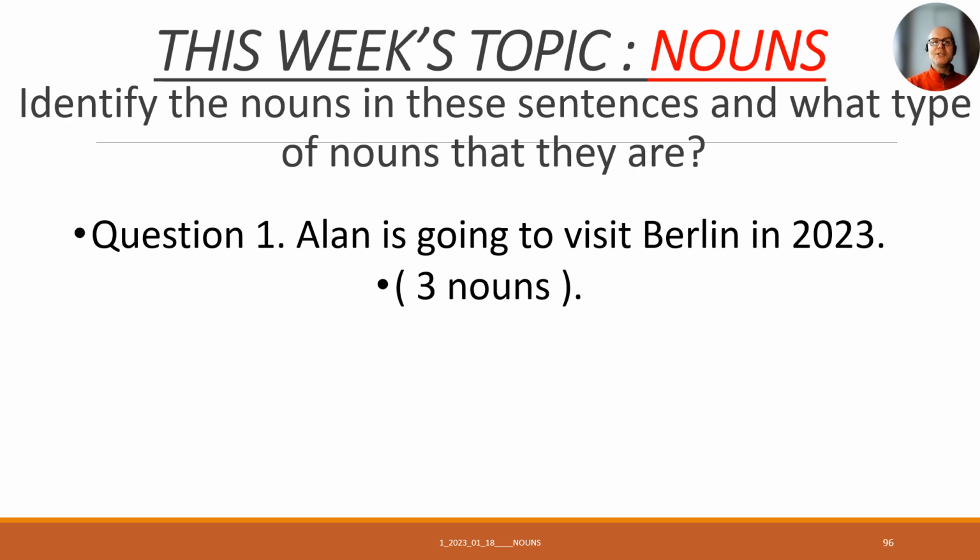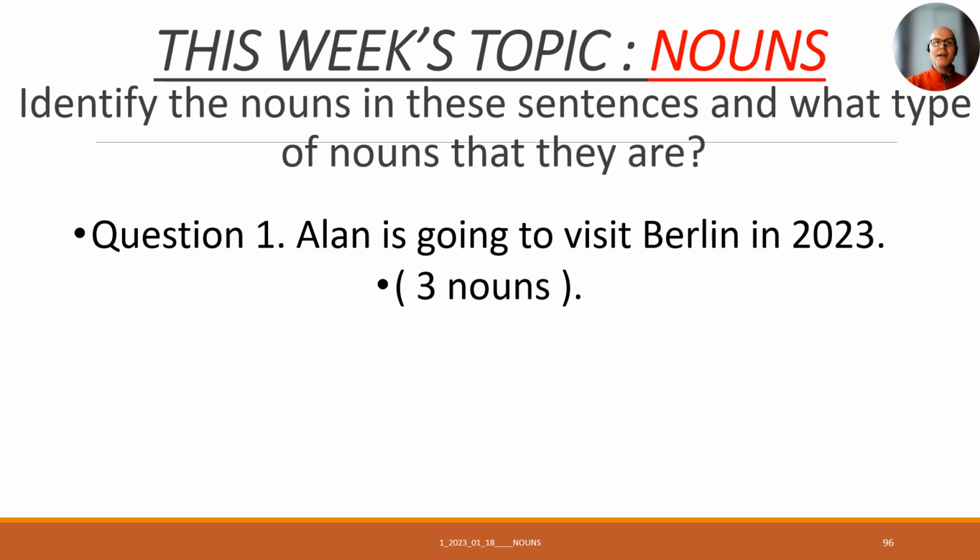Let's look at the homework questions. Press pause if you want to play along and write down your answer for double checking at the end. Question 1. Alan is going to visit Berlin in 2023. There's 3 nouns in that sentence.